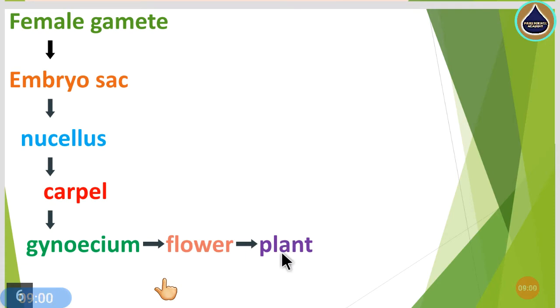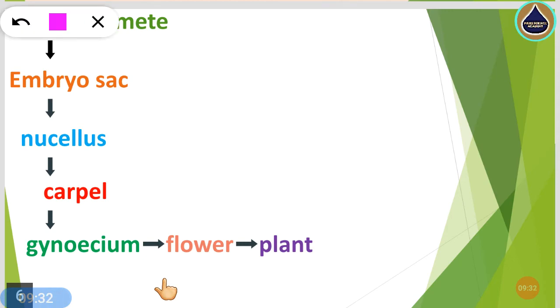Let's see one more time. A plant has a flower, and the flower has a female reproductive part called the gynoecium. A single unit of the gynoecium is called the carpel, and it is found in the nucellus, and in the nucellus there is the embryo sac, and in the embryo sac there is an 8-cell structure, out of which one cell is called the female gamete, that is the egg.